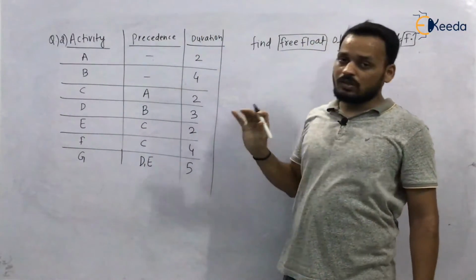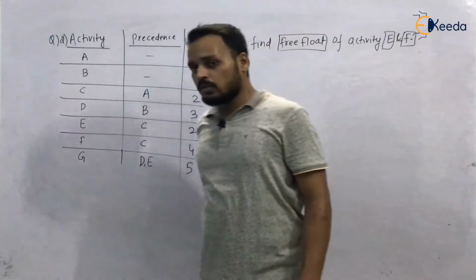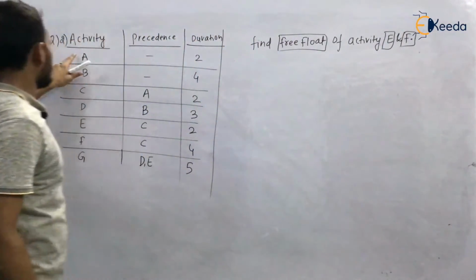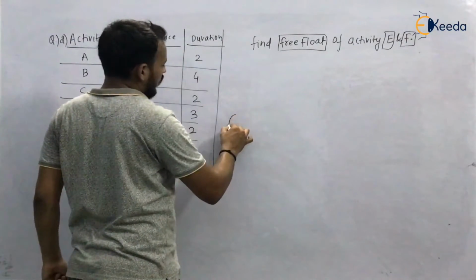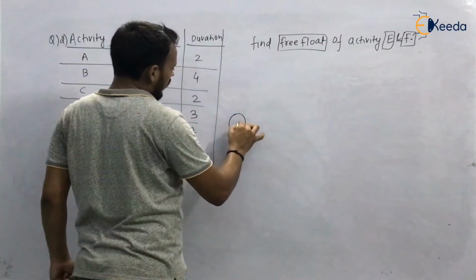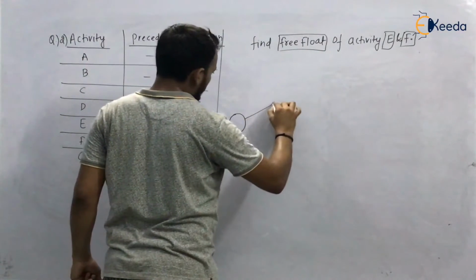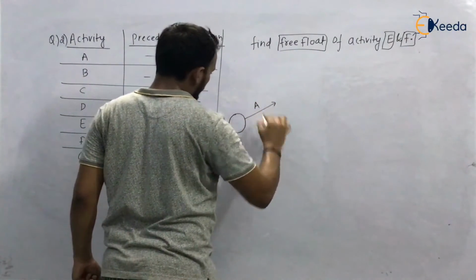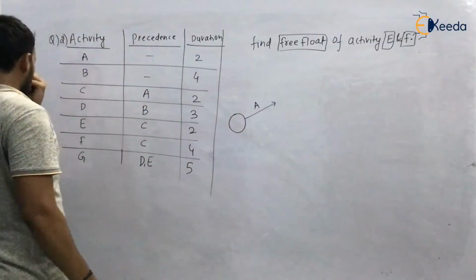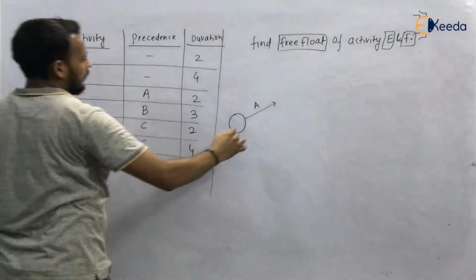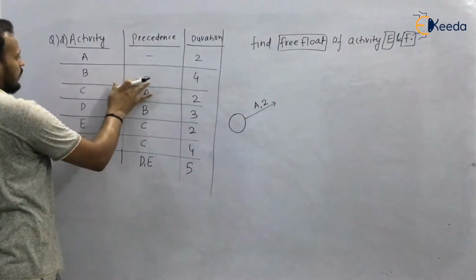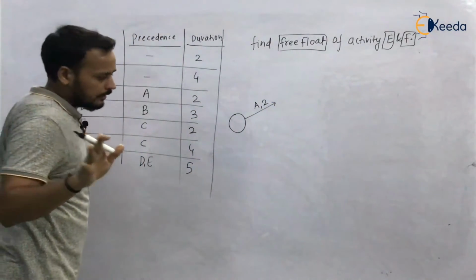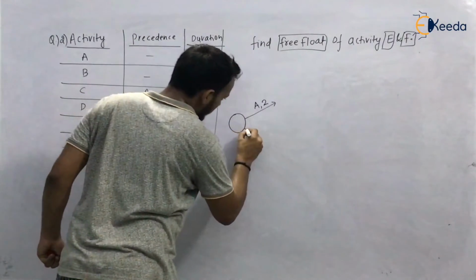So you have to first draw the network diagram. Let's draw it. The first activity is A. We will draw activity on arrow, since nothing is said. Activity is A, and the time for activity A is 2. Now the activity is B. The precedence is absent, so A and B will start simultaneously.